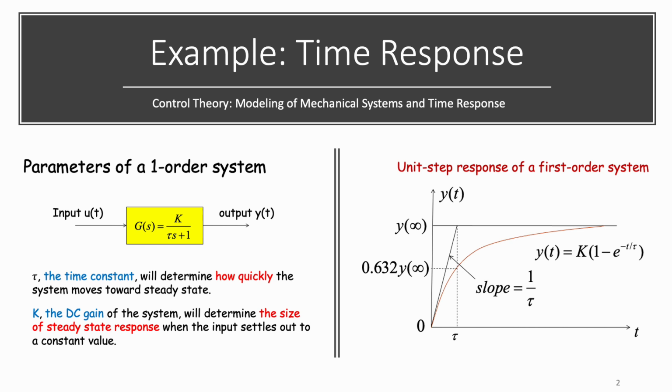And the settling time is defined as the time for the system to reach and stay within 2% of the final value. Let's say your final value is 100, so 98% of it will be 98. So you need to find the time when the system reaches 98 and then divide it by 4 to be able to calculate tau.